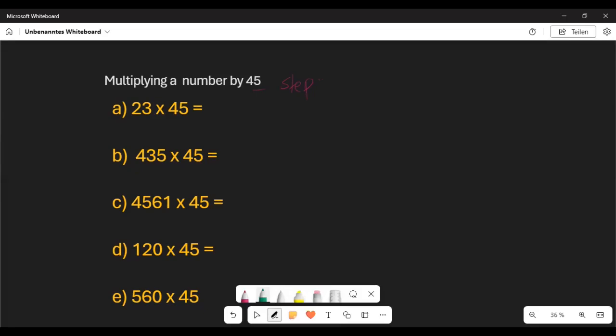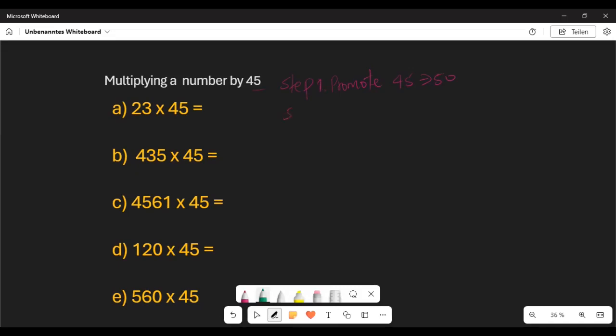If you watched our previous video, we talked about how to multiply a number by 50. 45 is very close to 50, and there are so many shortcuts that someone can use to multiply a number by 50. So what we're going to do here is promote 45 to 50. That's the first thing, and that's going to be step one.